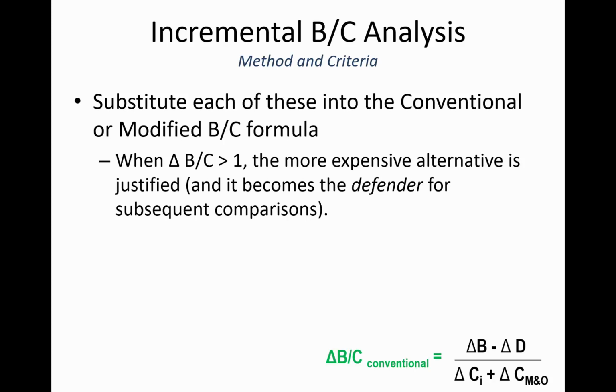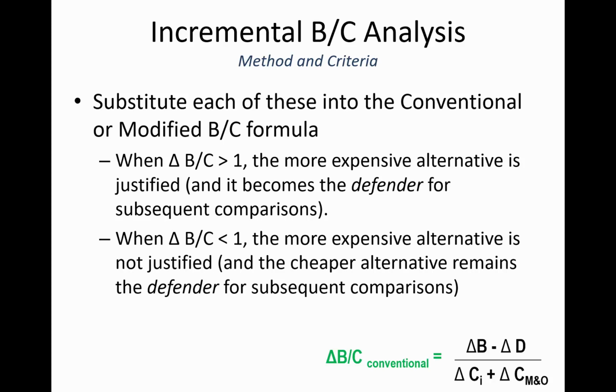It could be anything over the 1. But when it's less than 1, what that means is that the more expensive alternative of the two is not justified, and then the cheaper of the alternatives should remain the go-to solution that any further alternatives are compared against.